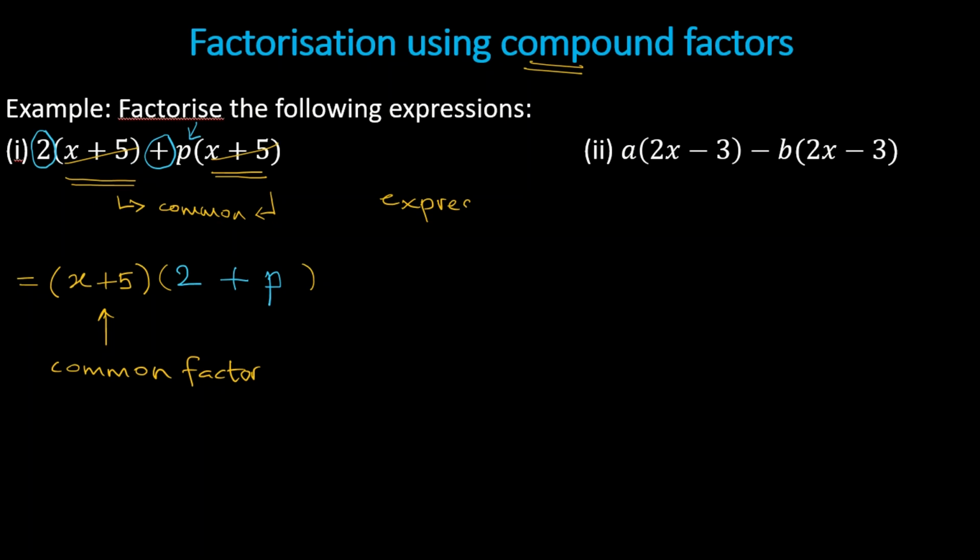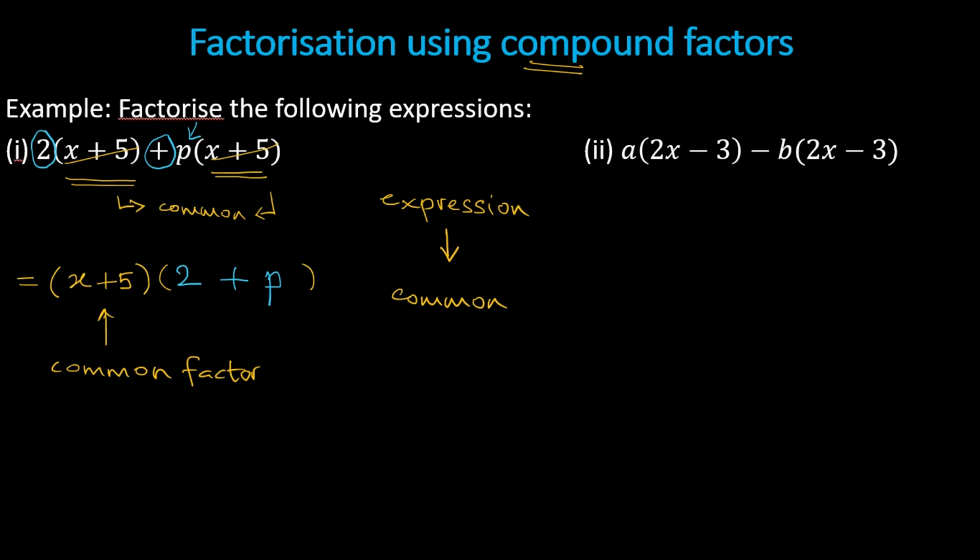Yes, for the case of compound factors, we are going to have an expression which is common, right? So let us take the second part of this example. We have a times 2x minus 3 minus b times 2x minus 3, right?